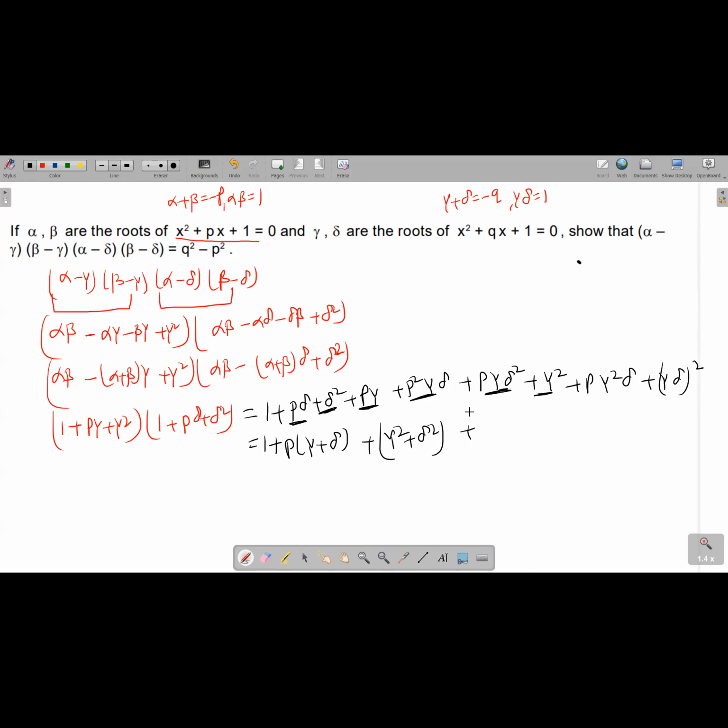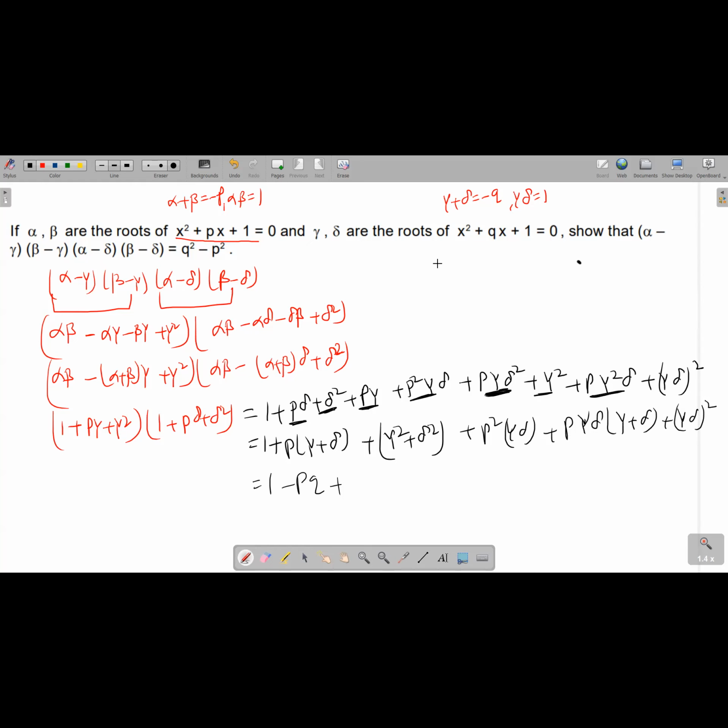So here it is p square into gamma delta, and from here and here you can take p gamma delta out. You will be having gamma plus delta, right? And then in the last we have gamma into delta whole square. So this is 1. Gamma plus delta is minus q. Put here, this is minus q.